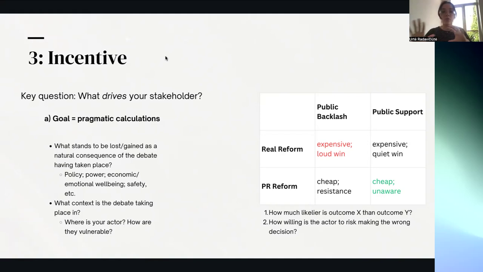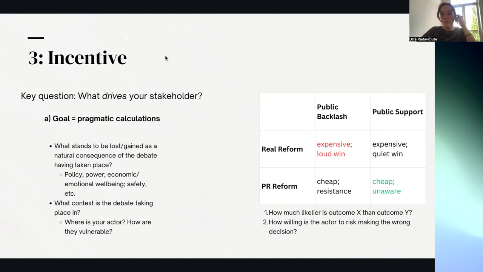Then we have two sort of semi-bad outcomes, which is that you have cheap PR reforms that are being implemented, but the public catches on to it, and there's a lot of resistance to it. People might be boycotting, which might result in losses. So that would therefore nullify the financial potential benefits that would have been attained.